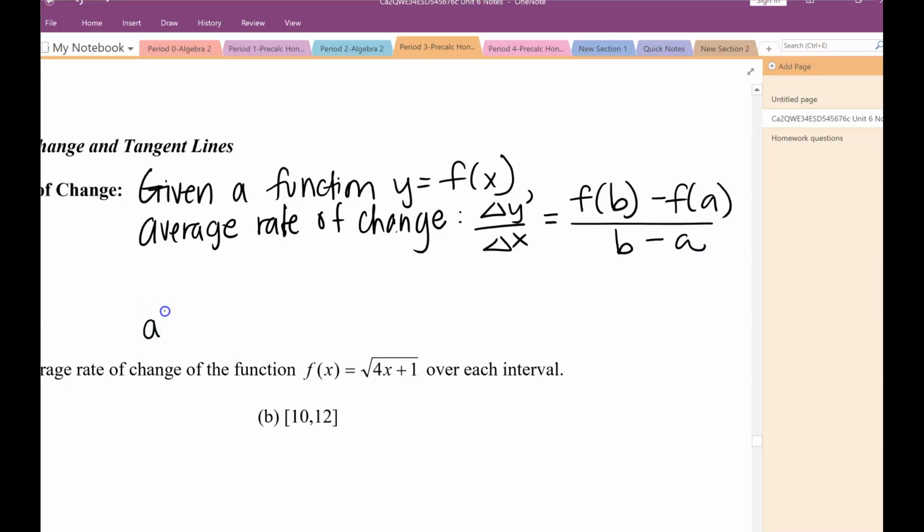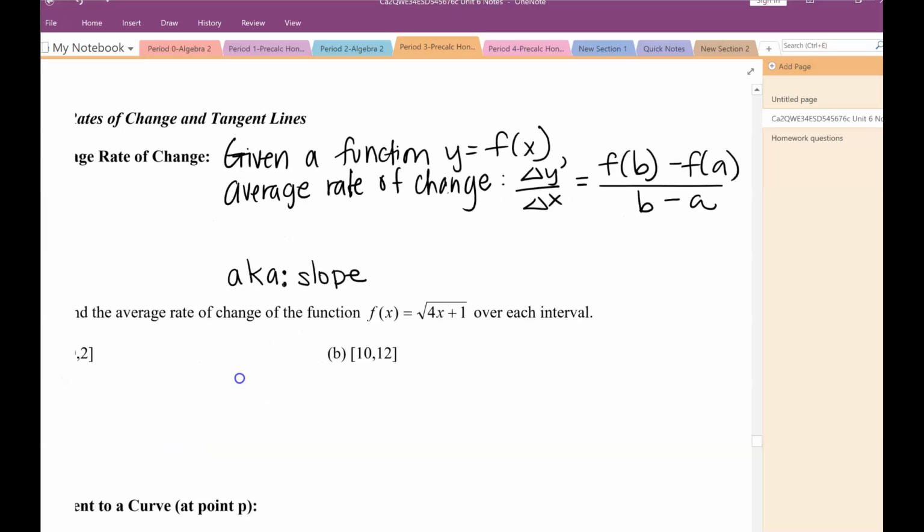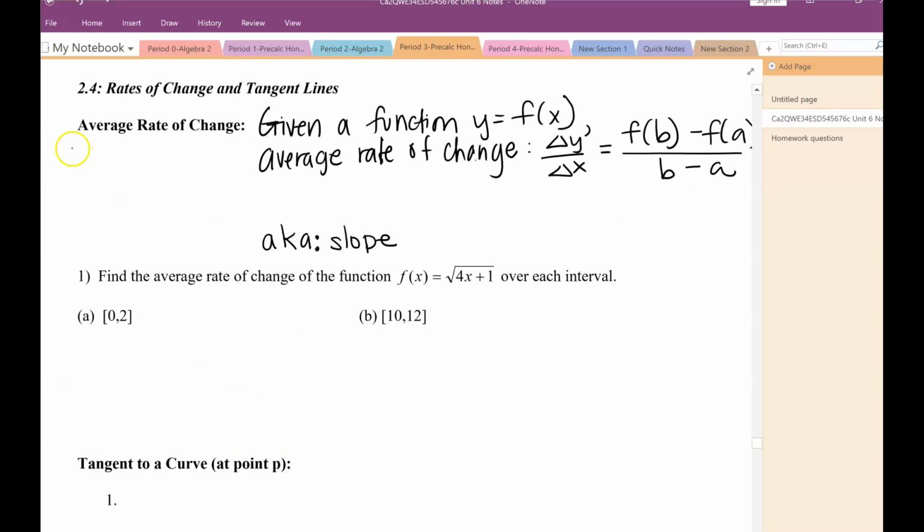So if you see that formula, what's a fancy word we used back in Algebra 1? Slope. So average rate of change is simply a slope. Let me sketch something here for us. We have A, we have B. Let's make a dot and draw a line.